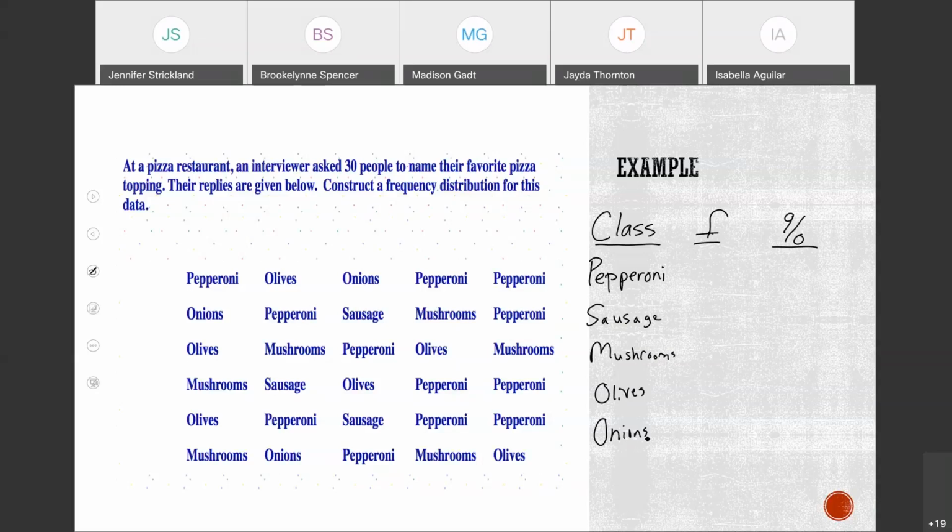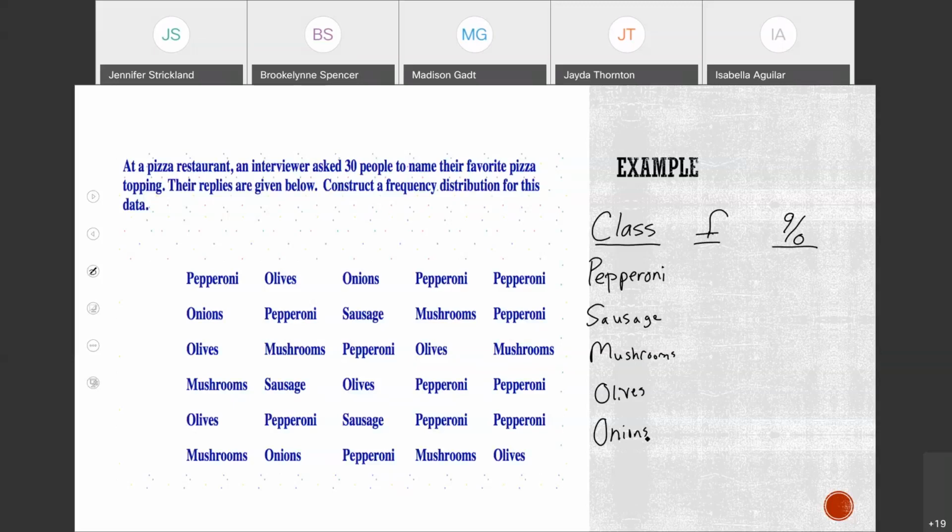Okay, what do you think frequency is going to tell me to do? How many times have we said? Good. How many times those are in the set? So we're basically going to count. I'm going to go through my set. Now, if you're working from a piece of paper, what I would suggest is that you mark off these things as you go.